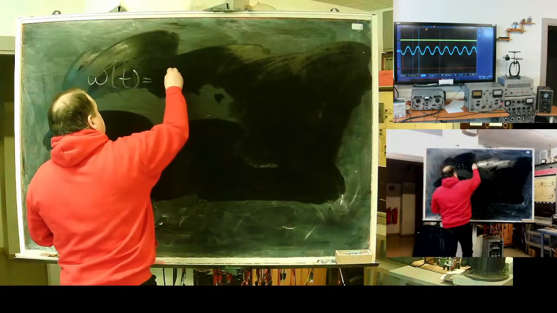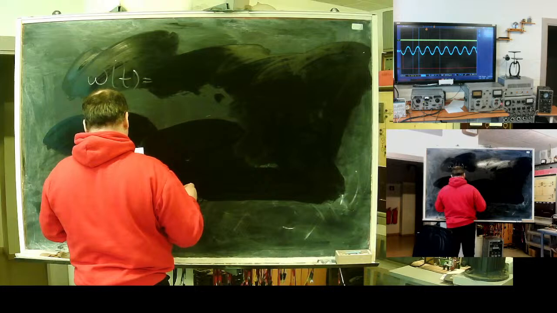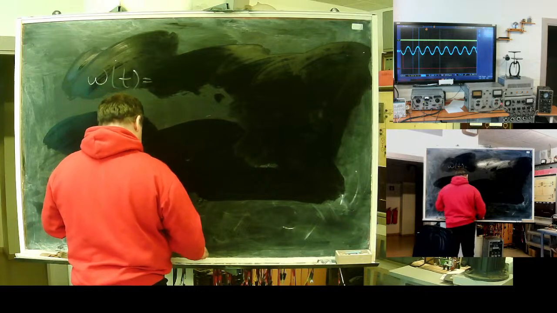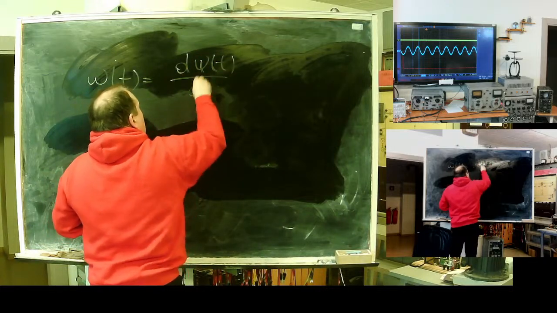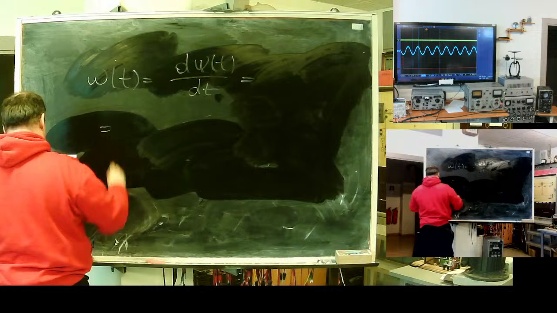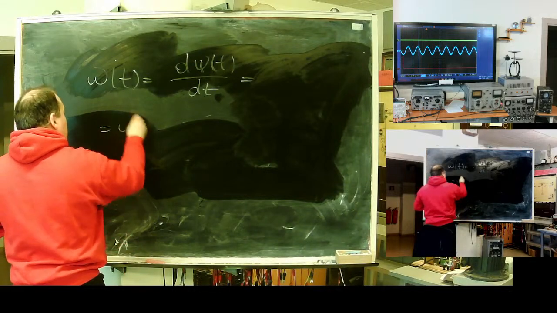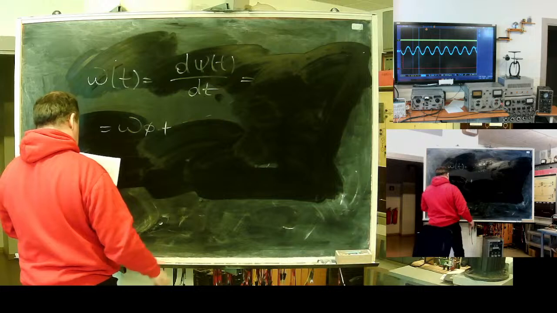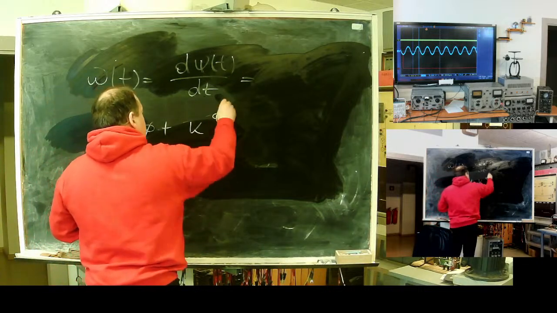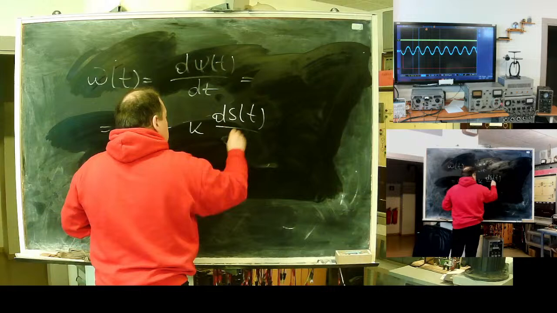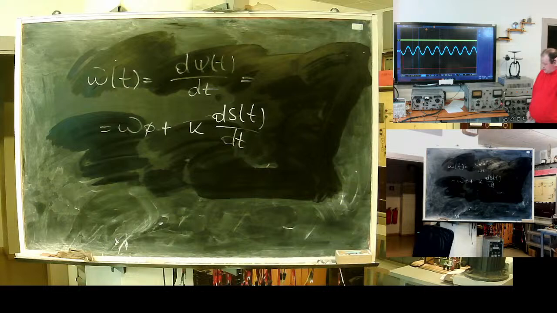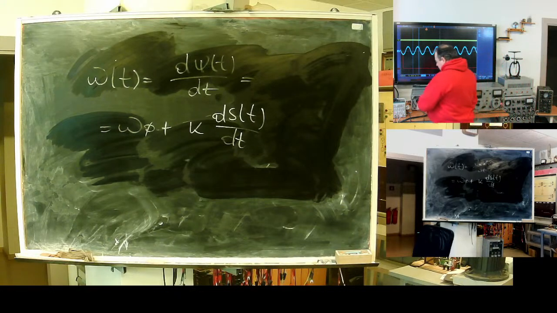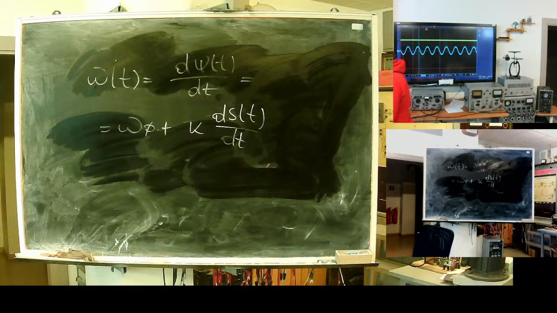It will be the derivative of psi naught in time, or omega 0 plus K s naught. The instant frequency of an angular modulated signal is a derivative of the modulating signal, or info I'm transferring.